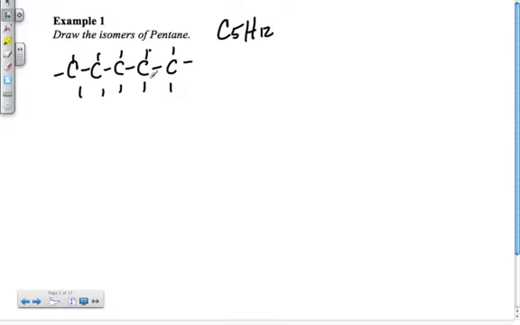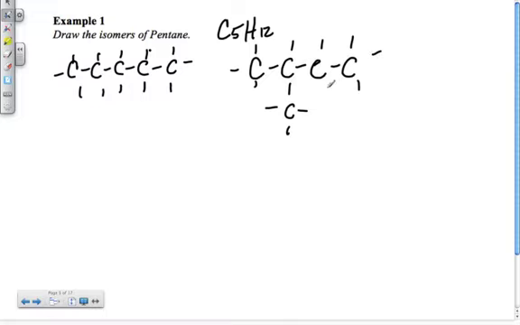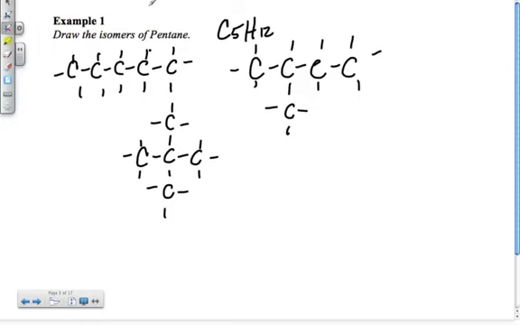And I'm going to take a terminal carbon off, and I'm going to move it here. And I'm going to take another carbon off, and I'm going to put it in the middle. And that's all we can do with this many carbons.